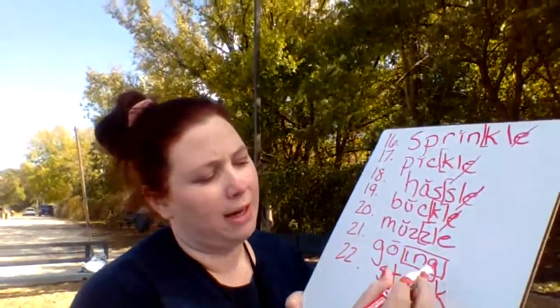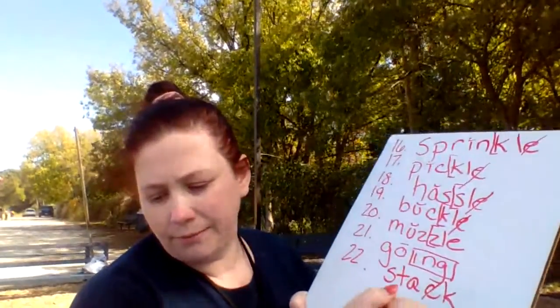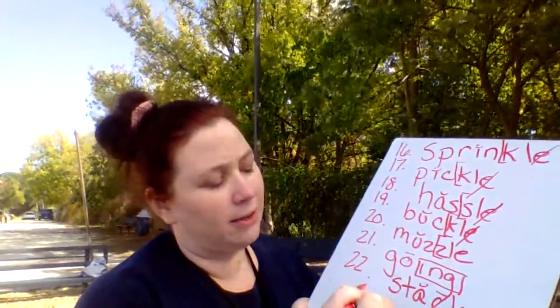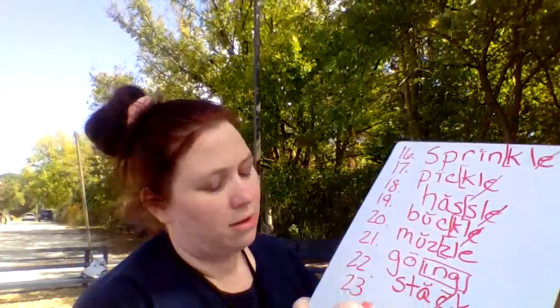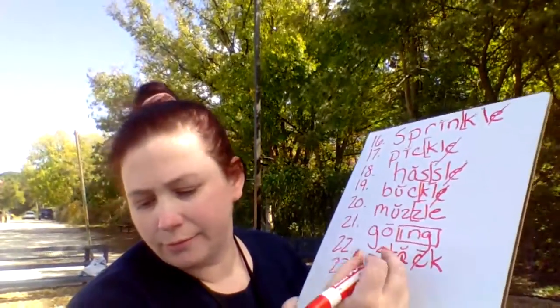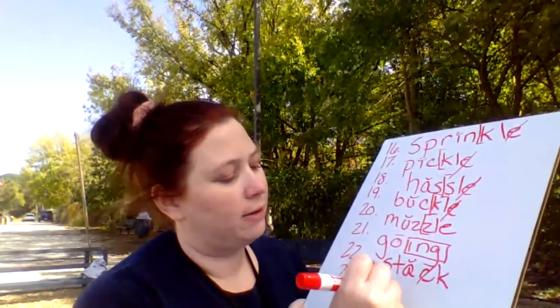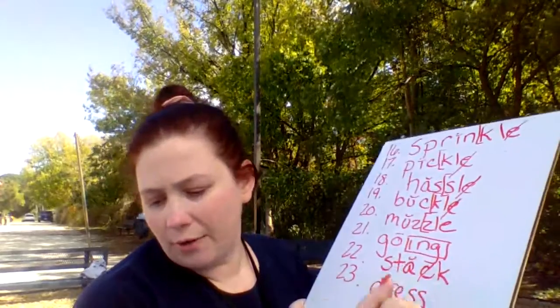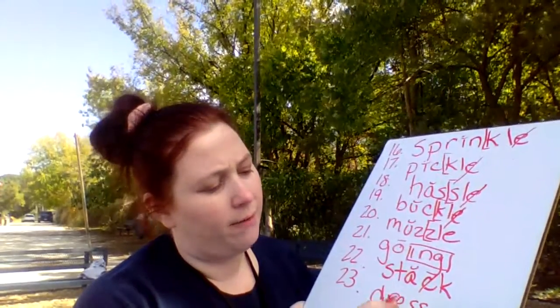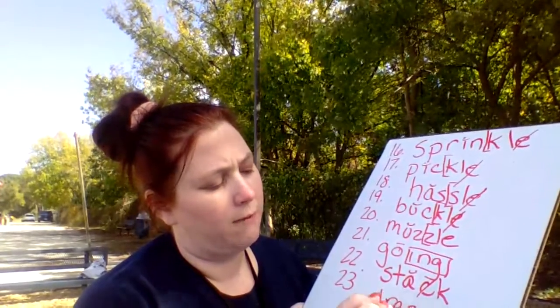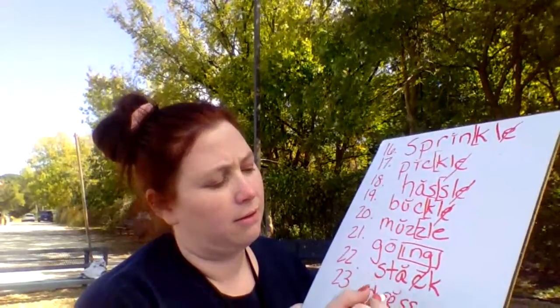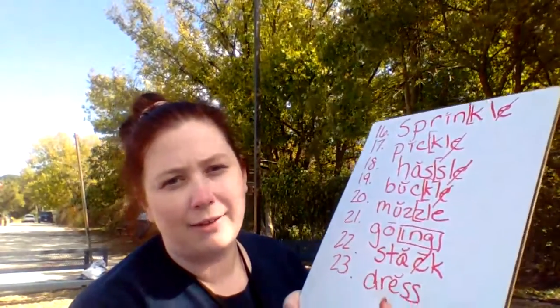Here we have the CK, so we cross off the C, and we have vowel consonant. It gets the brev, stack. 23, dress. Here we have our double consonant again, follows that floss rule, so we get vowel, consonant, consonant, dress.